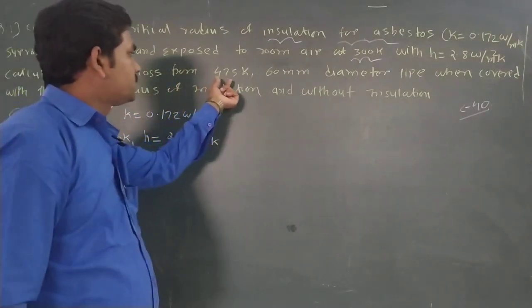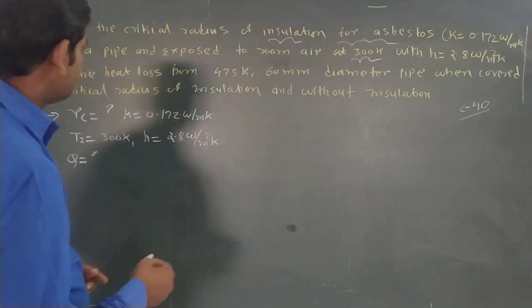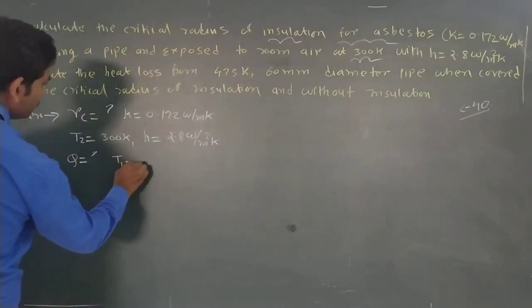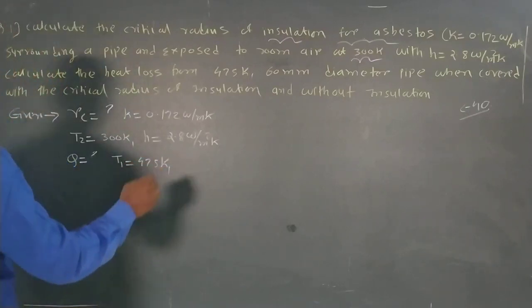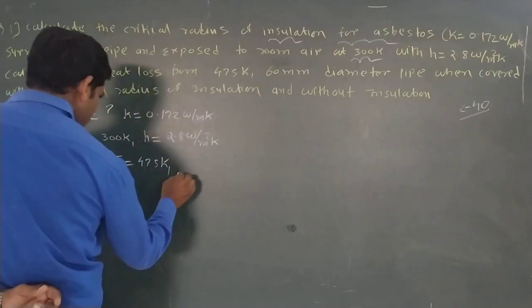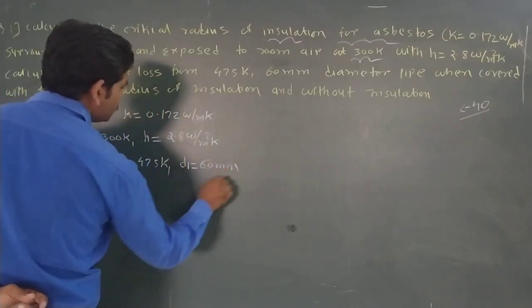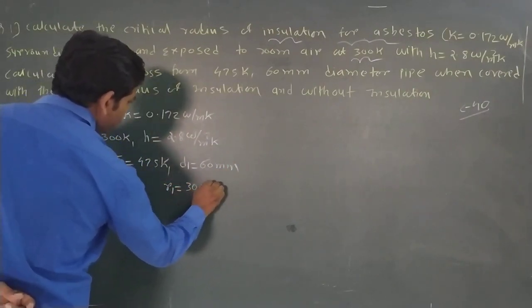from a 475 Kelvin, 60 mm diameter pipe. Means the pipe temperature is given, suppose shown by the letter T1, how much? 475 Kelvin. And what is the diameter of the pipe? The small d1 is given, 60 mm. So, what is R1? R1 is 30 mm.